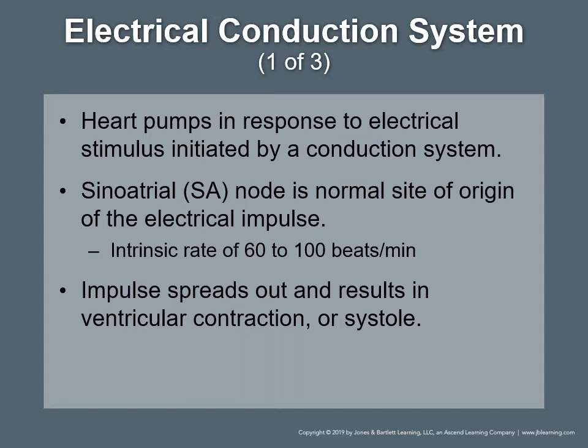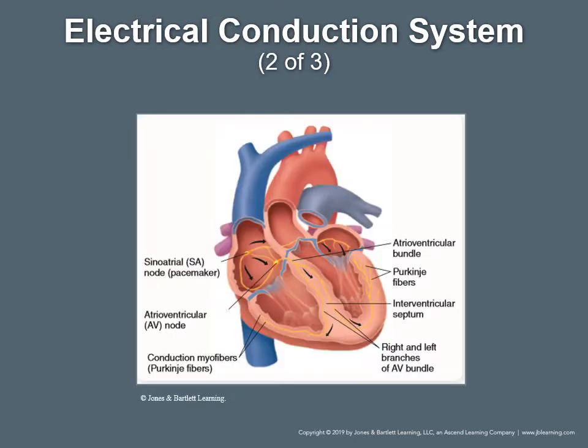The impulse spreads out through the rest of the conduction system, resulting in ventricular contraction or systole. The electrical conduction system of the heart initiates an electrical impulse throughout the heart. The impulse travels through the 6 parts of the cardiac conduction system shown here in this figure.